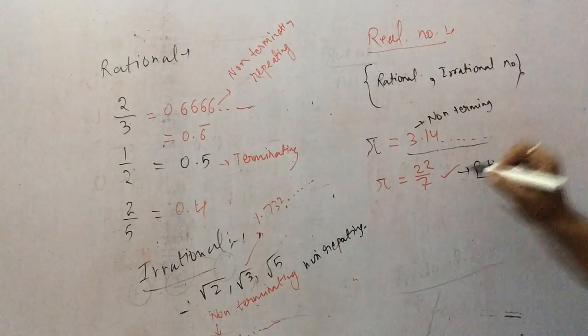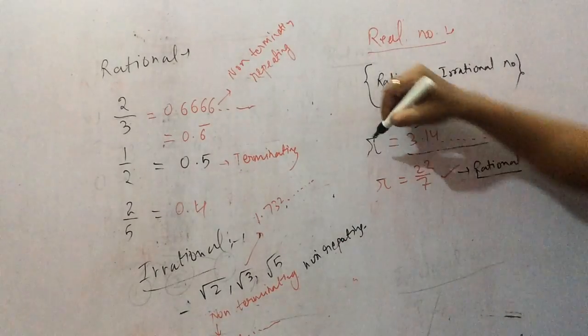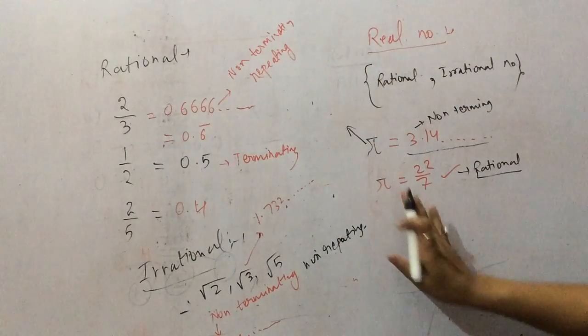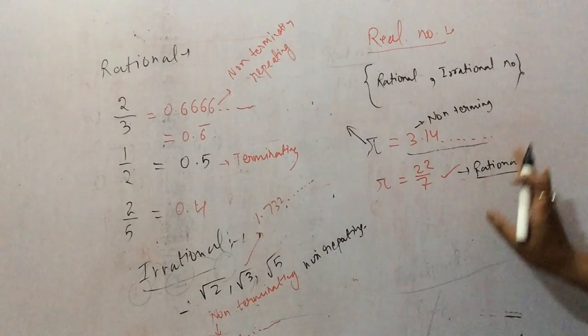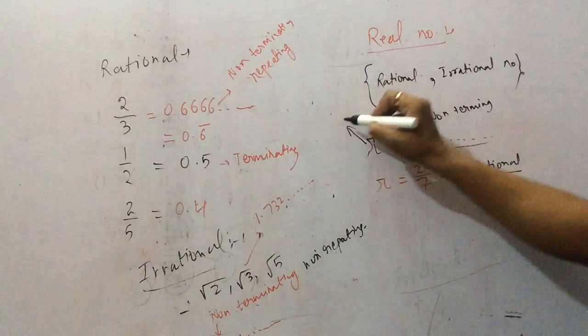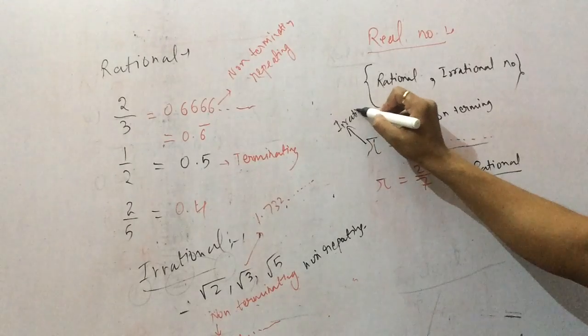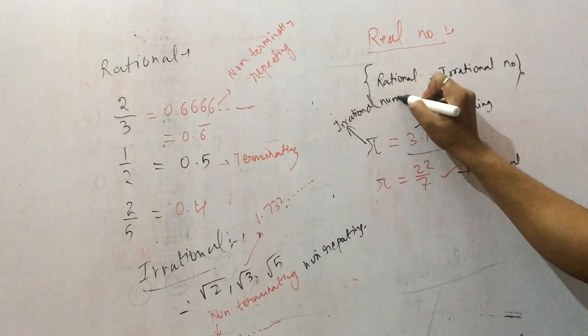That means it comes under irrational numbers. So pi is an irrational number, but when you assume pi as 22 by 7, it would come under rational numbers.